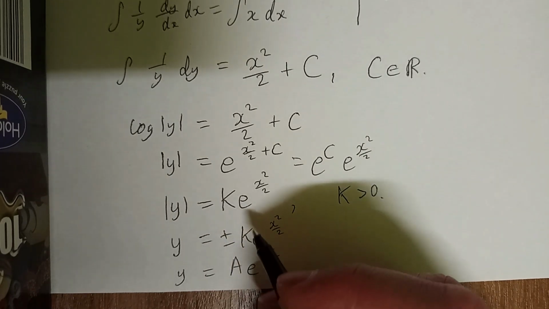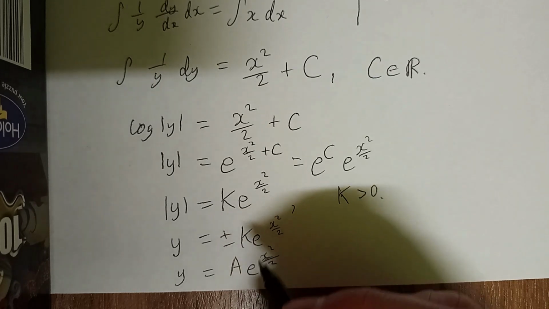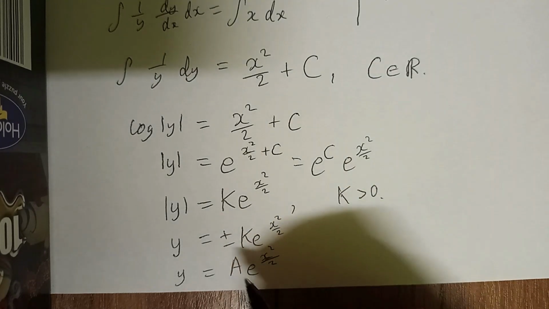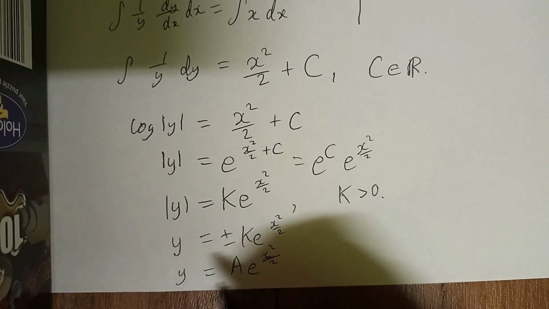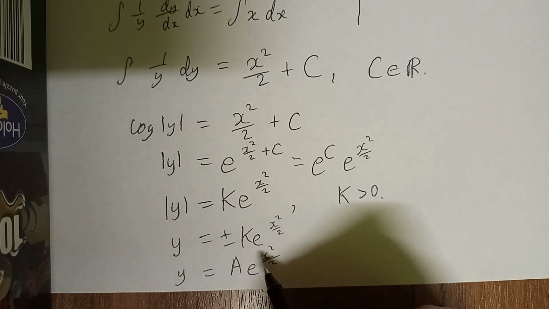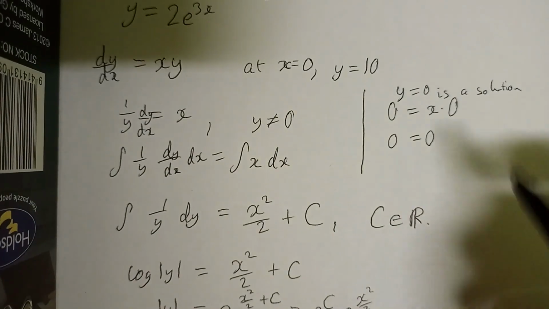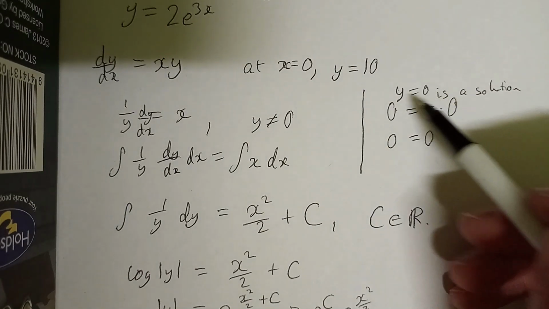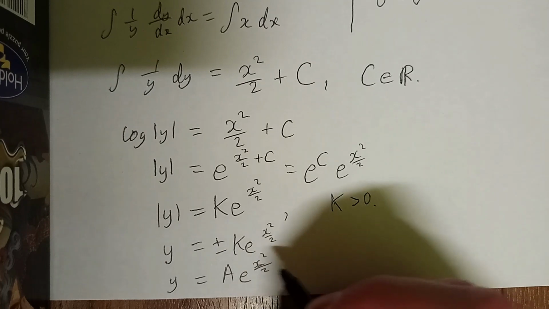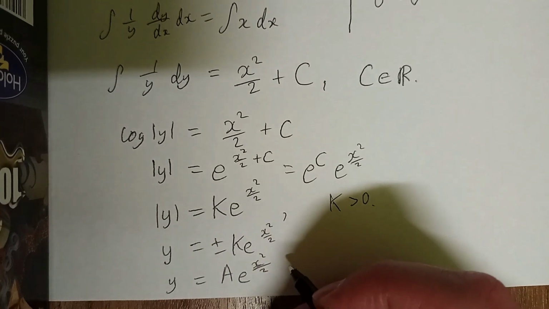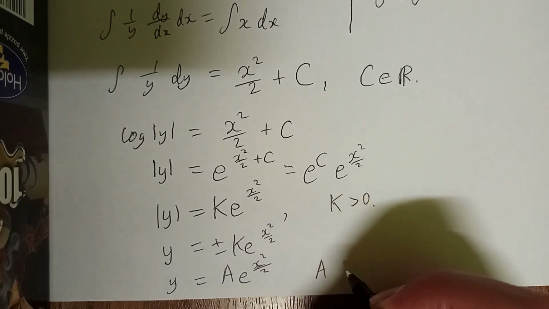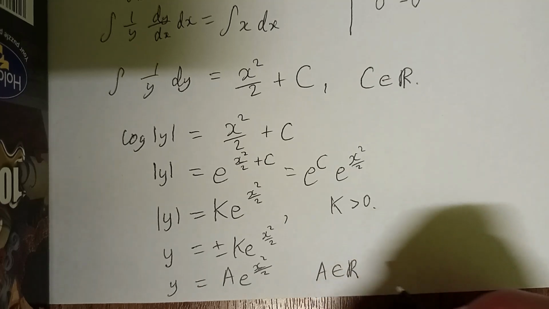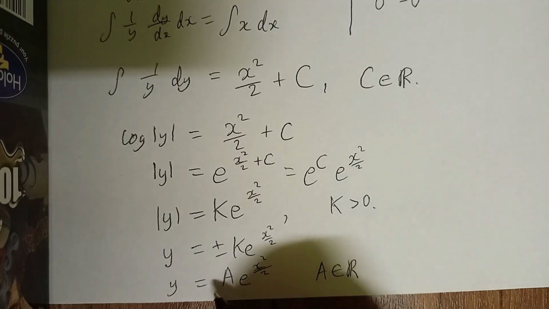So plus or minus k cannot be 0, but I'll allow a to be 0 because if a equals 0, then we get y equals 0, which is actually a solution to the differential equation as I showed before. So a can be positive, negative, or 0. We can just write a is an element of the real numbers. a is a real valued constant.